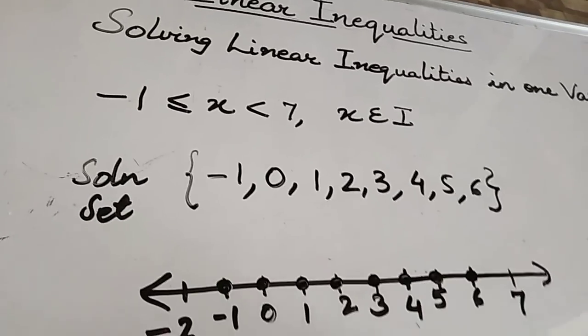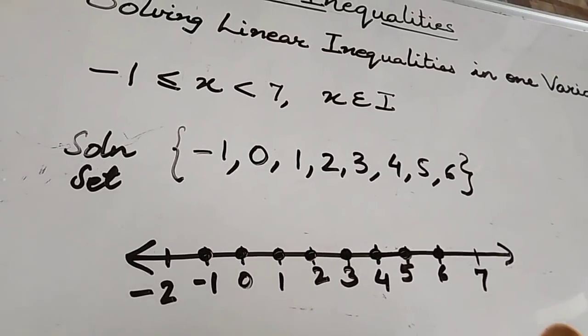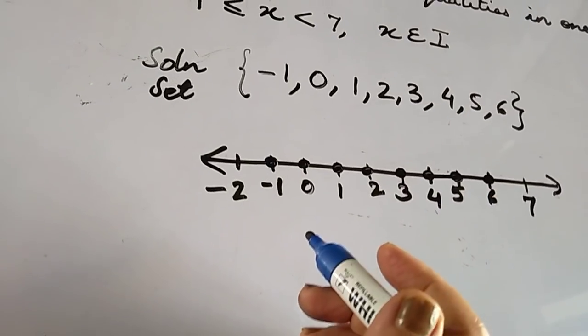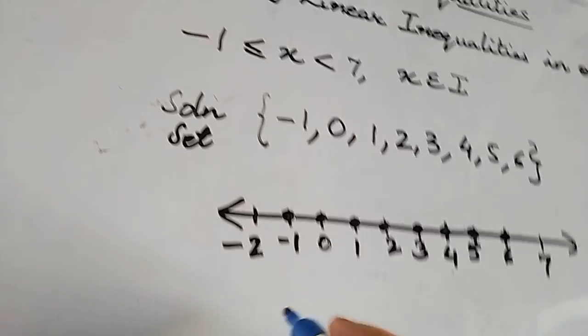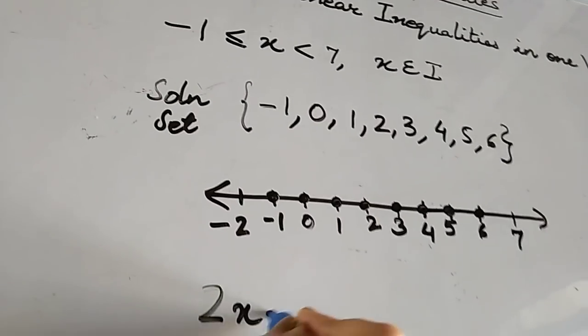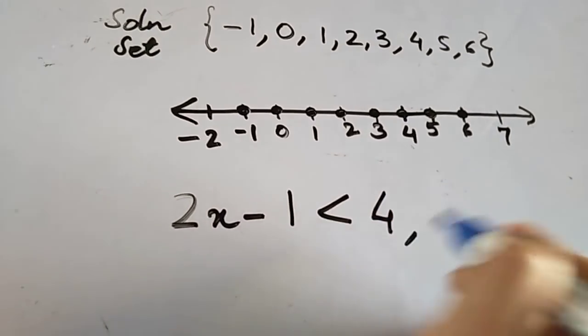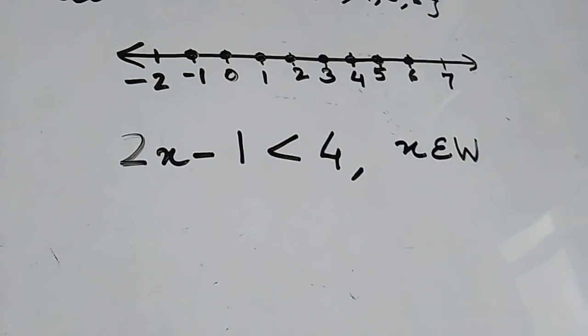Now today we are going to learn about solving linear inequations. Solving linear inequations is the same as solving linear equations. Let us take an example. First, let us take 2x minus 1 is less than 4, suppose. And we always have a replacement set, x belongs to whole numbers. Clear?